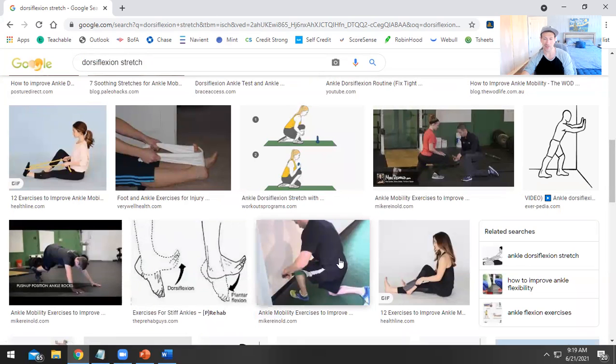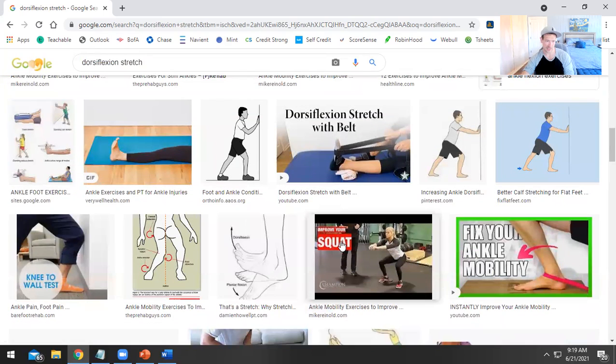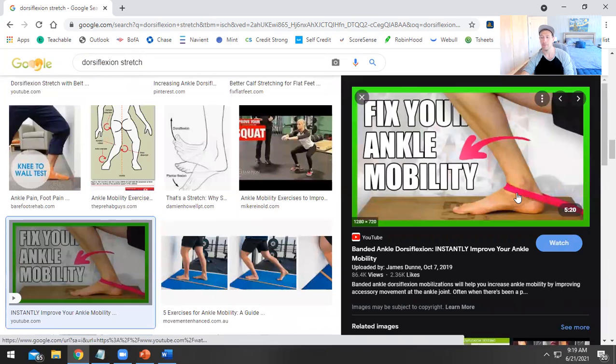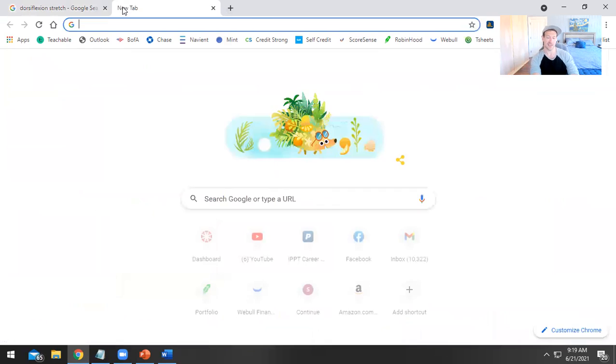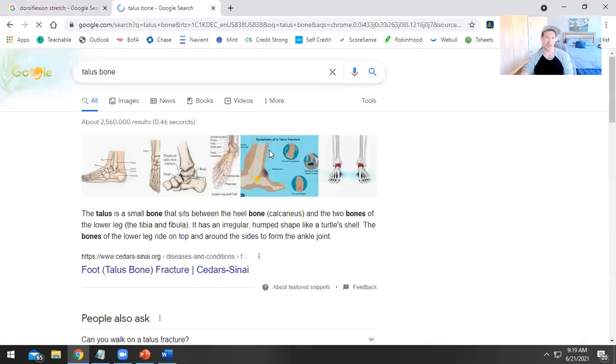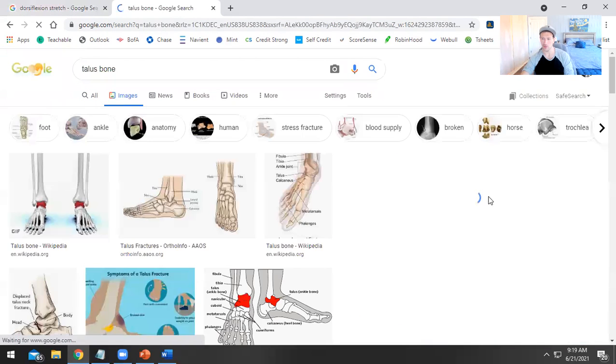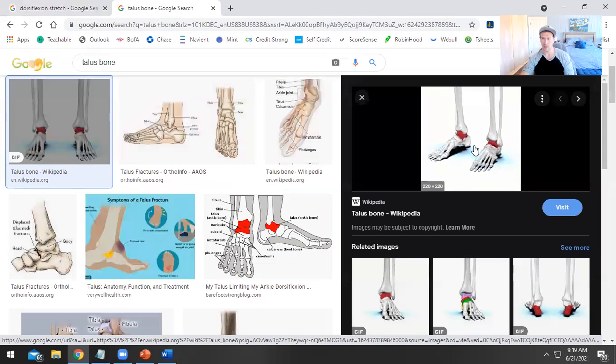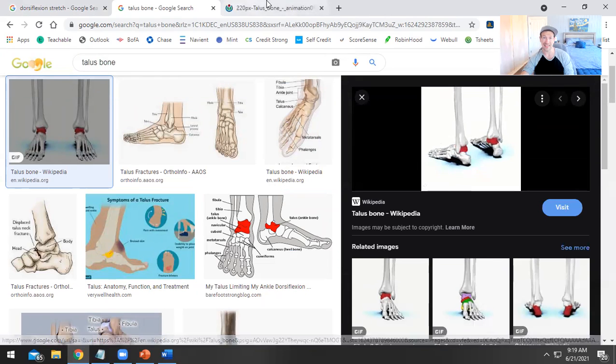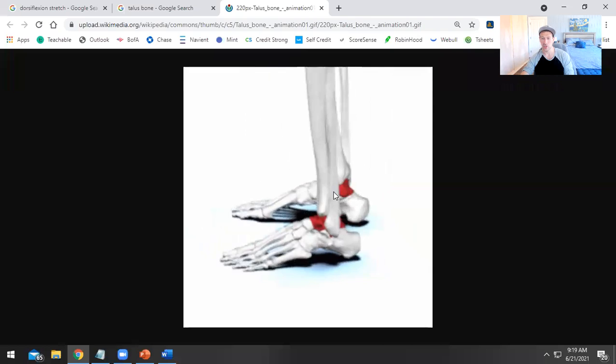And then even better than that version is doing that stretch while putting a band around your talus. So remember, your talus is this navigator bone right here. It is the beginning of your ankle, just below.